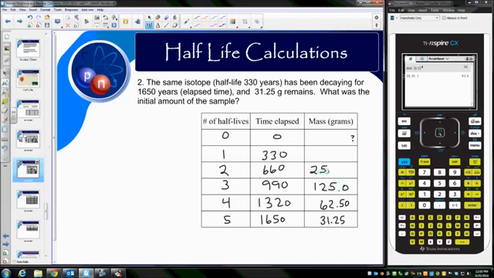Sorry, 125.0 times 2 is 250. 500 and 1,000 grams to begin with. Okay, so our original mass was 1,000 grams.